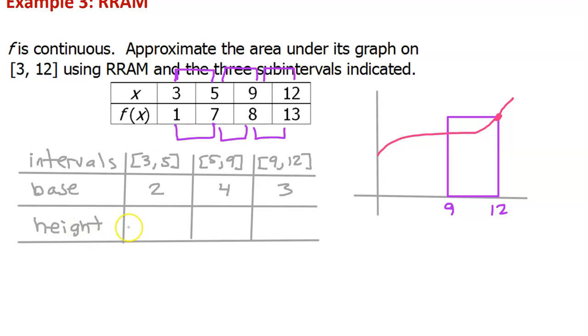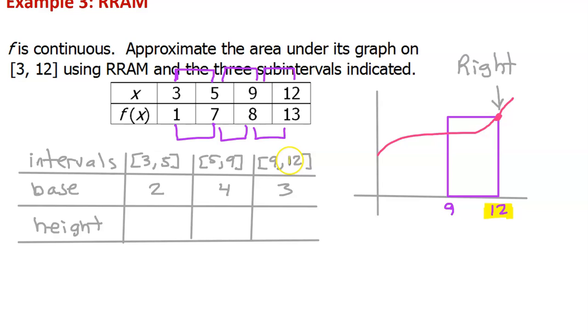Now, what about the height of each rectangle? Remember that this is RRAM, right rectangle. So the height of the rectangle will be the value of the function at the right side of the interval.